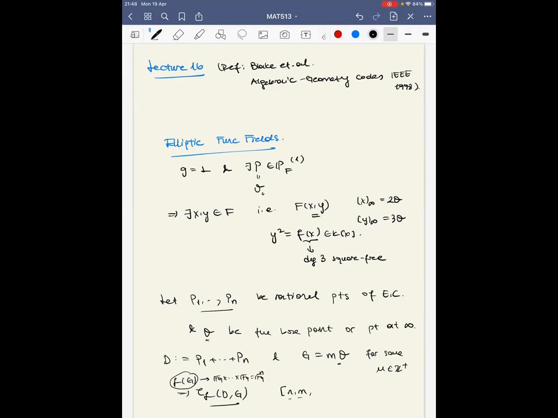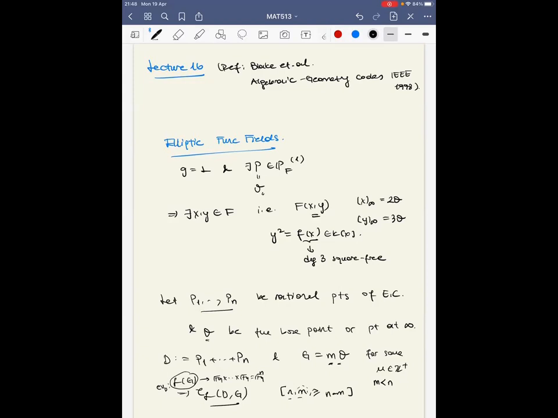And we know the parameters: if m is strictly less than n, this evaluation map is going to be injective, and the linear code is going to have dimension m, and its minimum distance will be bounded below by n minus m.